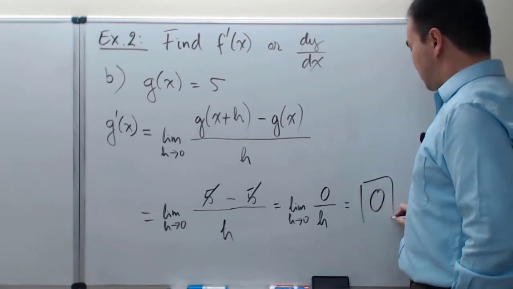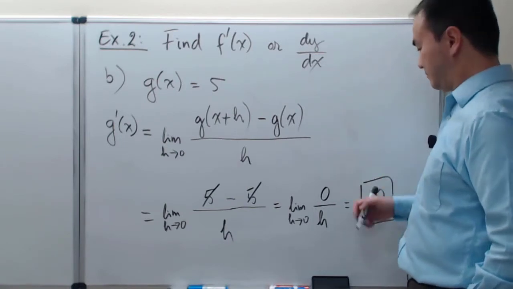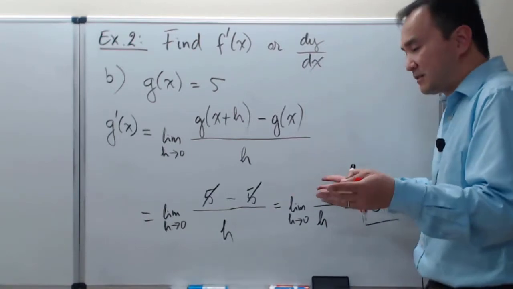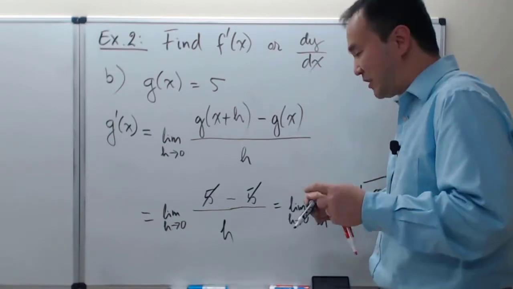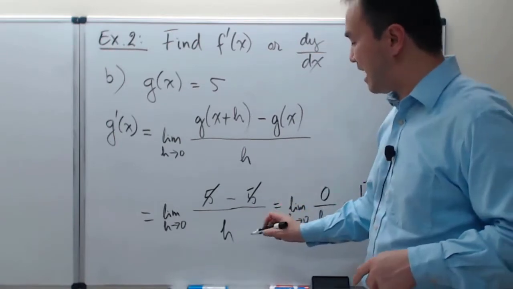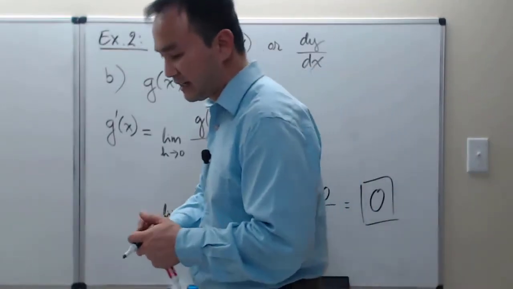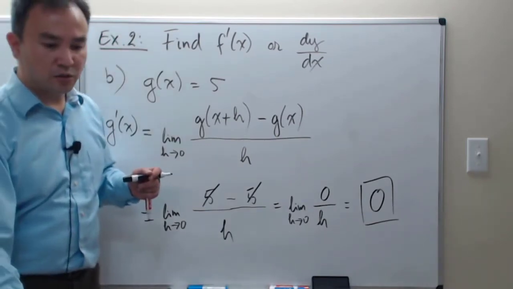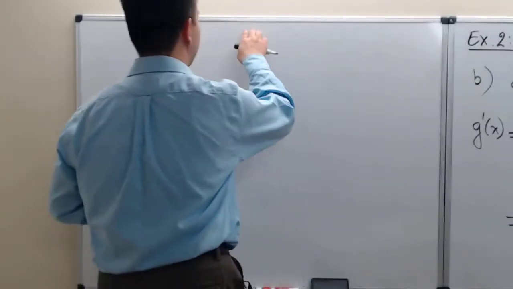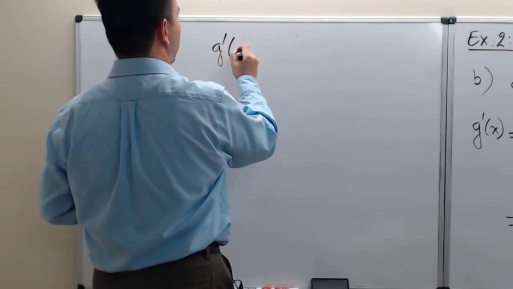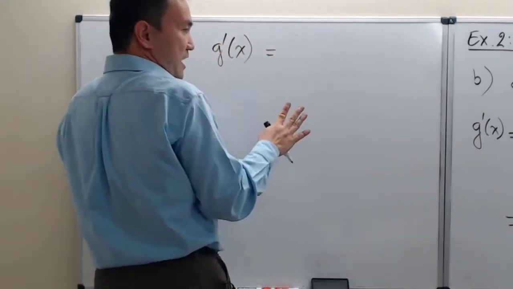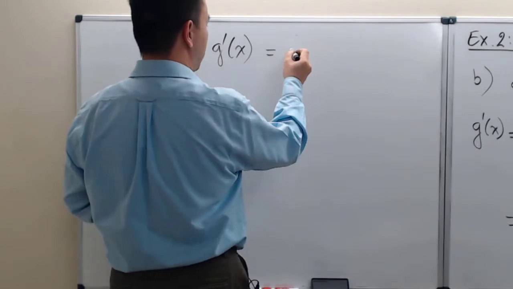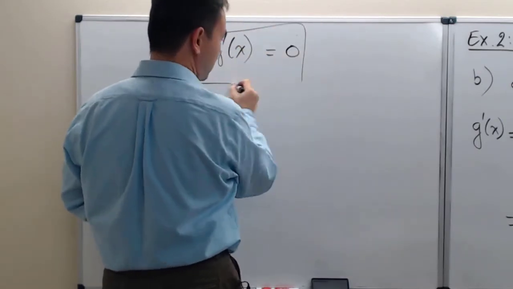So what does that mean for us? Well, we did a lot of limits, so hopefully the viewers didn't lose track. Allow me to write on the other board there. Our final concluded answer: in our case, g of x equals 5, g prime of x equals 0.